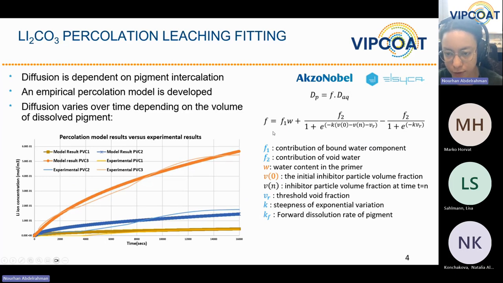What it takes into consideration is how the formation of voids in the primer helps with the faster dissolution of the pigments. I'm not going to go into details of these parameters, but all the parameters in blue are being fitted, while other parameters in black are initial conditions, and in orange are finite element model data points.